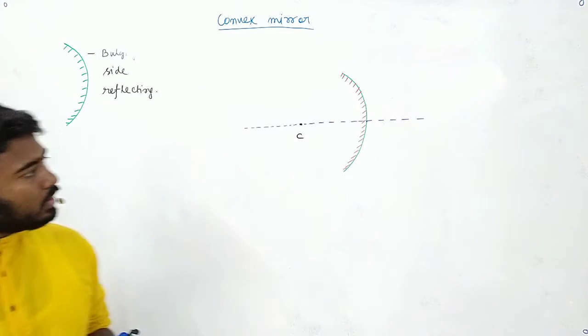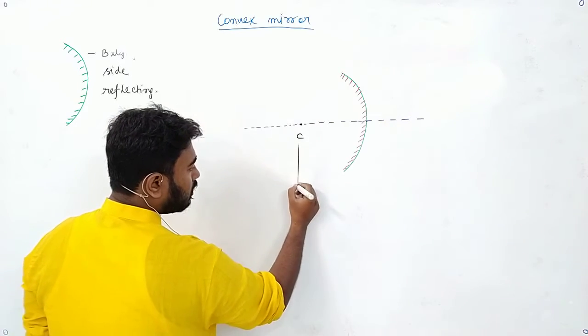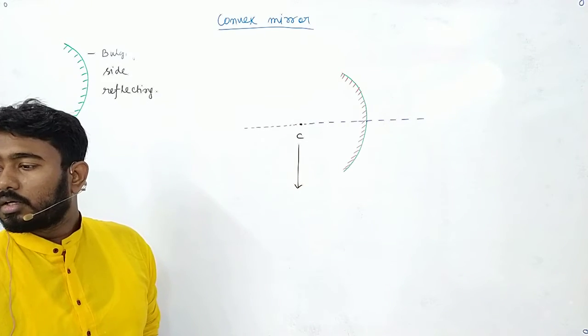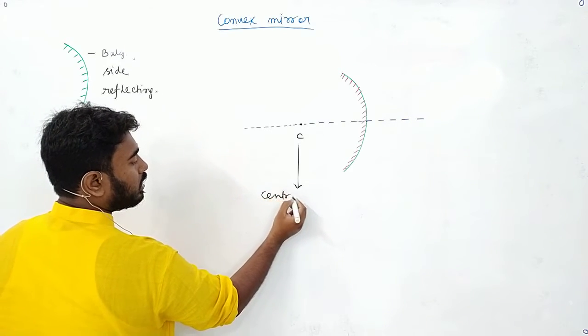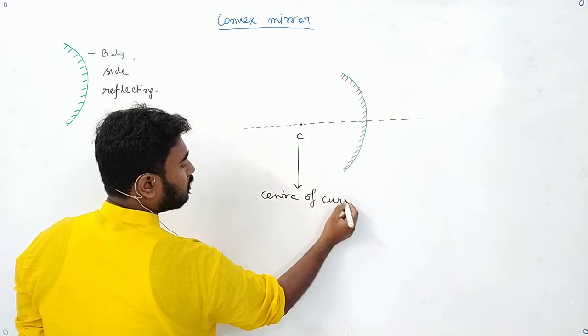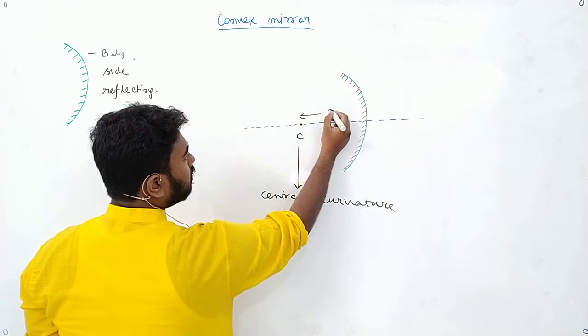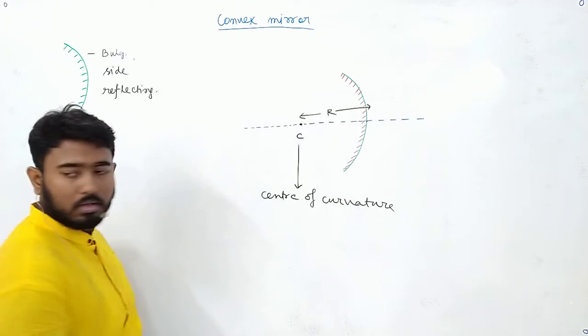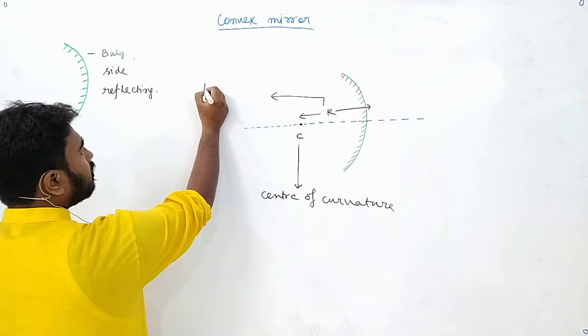Clear? Can you tell me one thing? As previous, this C is known as center of curvature, right? What is this distance R known as? R is known as radius.